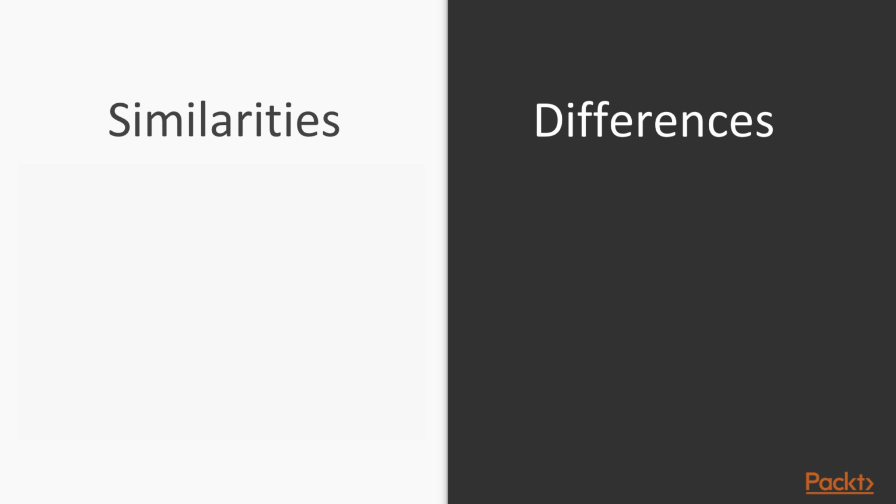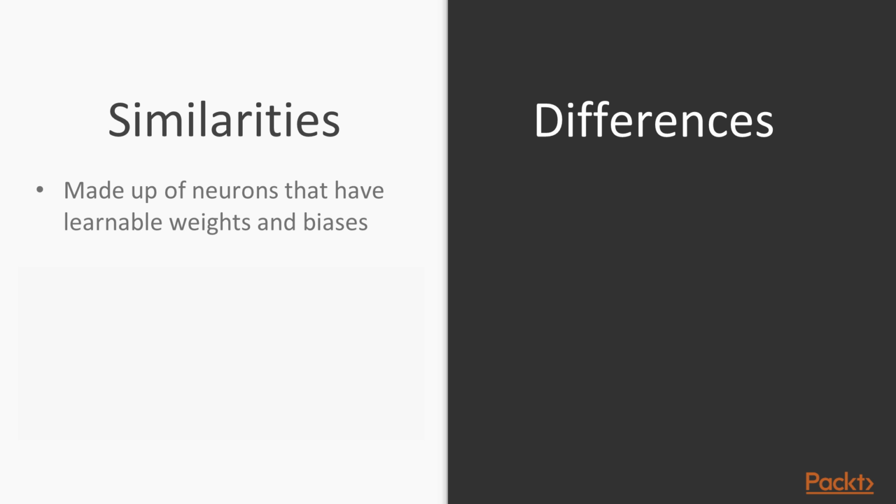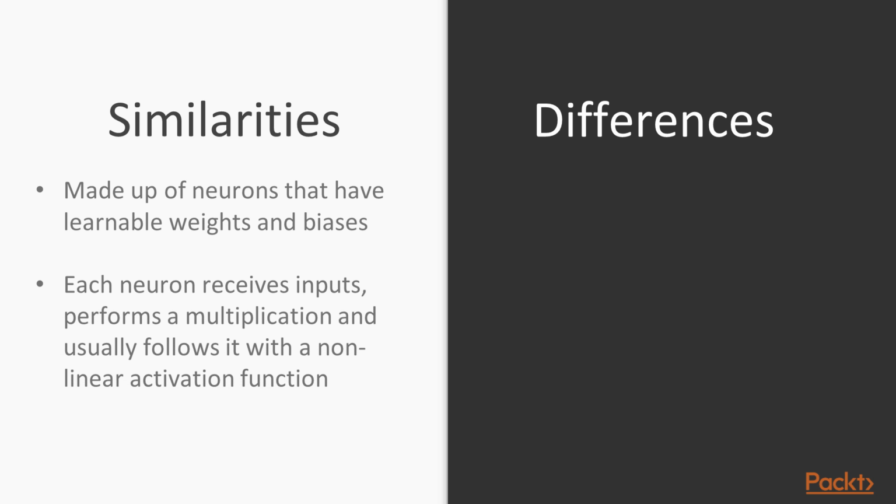Convolutional neural networks are similar to ordinary neural networks. They are made up of neurons that have learnable weights and biases. Each neuron receives some inputs, performs a multiplication, and usually follows it with a nonlinear activation function.